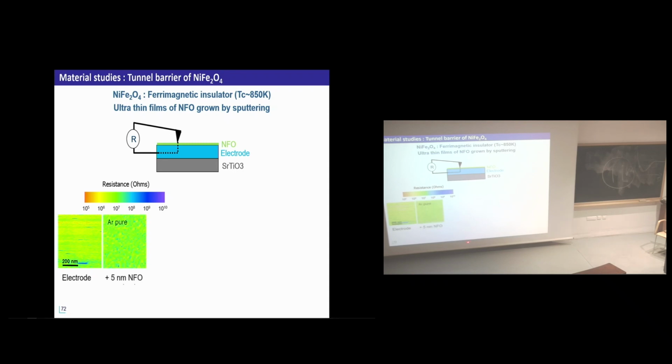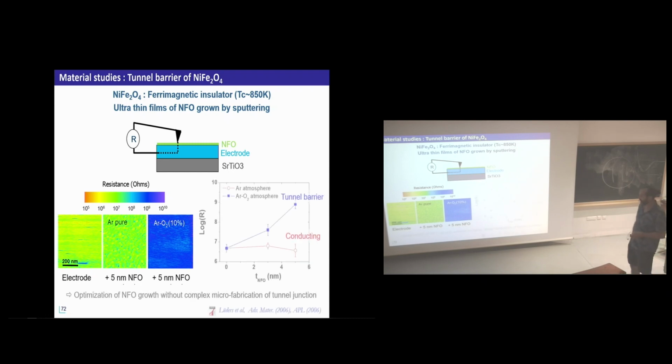And then we had 5 nanometers of NFO, but in a pure argon atmosphere in the sputtering chamber. It was green, and it remains green. Not a very good sign. As soon as you add 10% of oxygen in your mixture, for exactly the same thickness, you increase by at least 2 orders of magnitude the resistance that is measured.